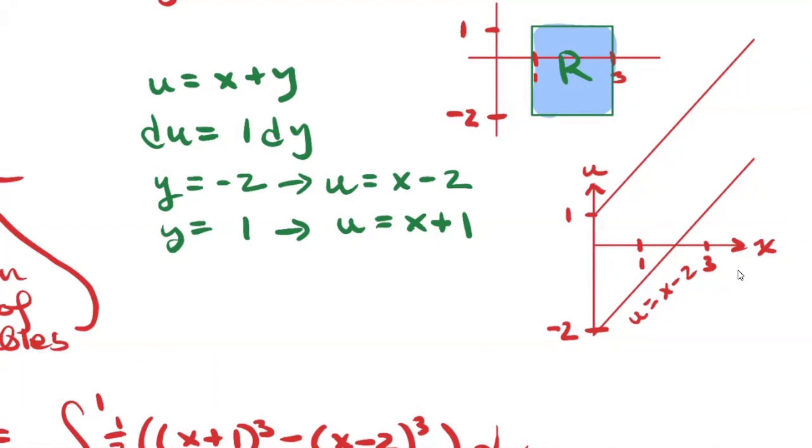Okay, now x still goes from 1 to 3. Let me put a dark boundary around this so it's absolutely clear what's become of the region that we were integrating over.